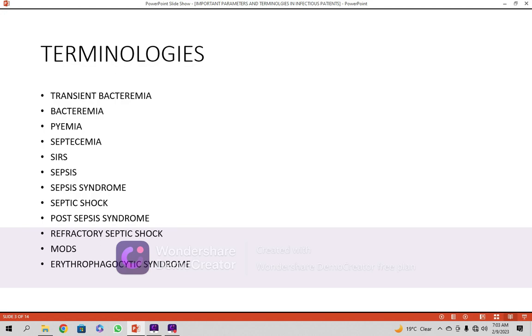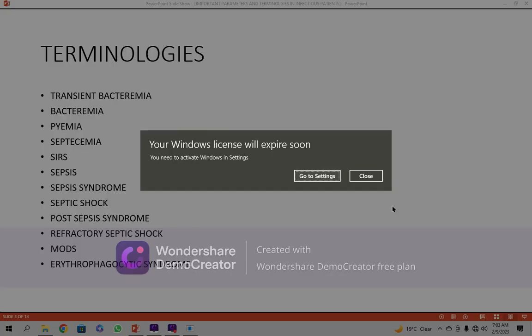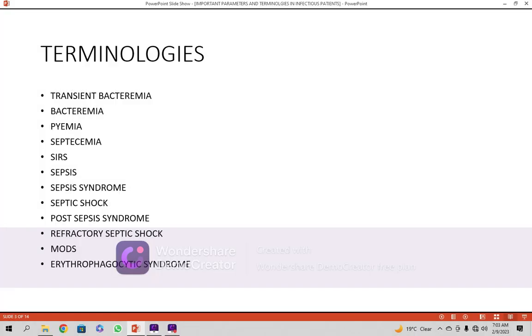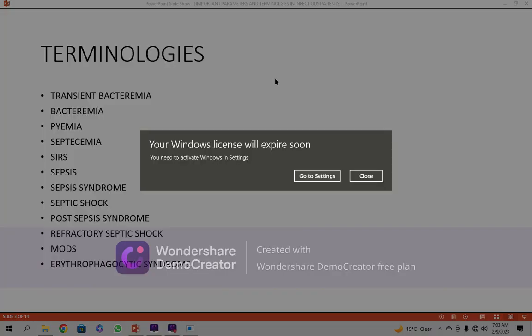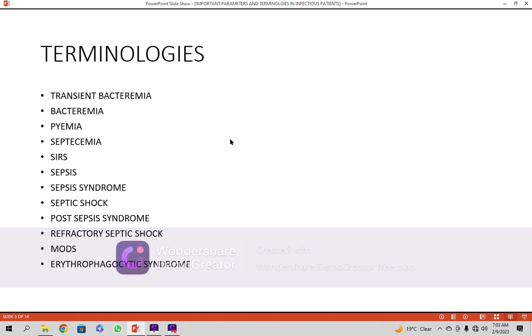Now these are the terminologies if the agent is able to enter into the body and produce the disease.